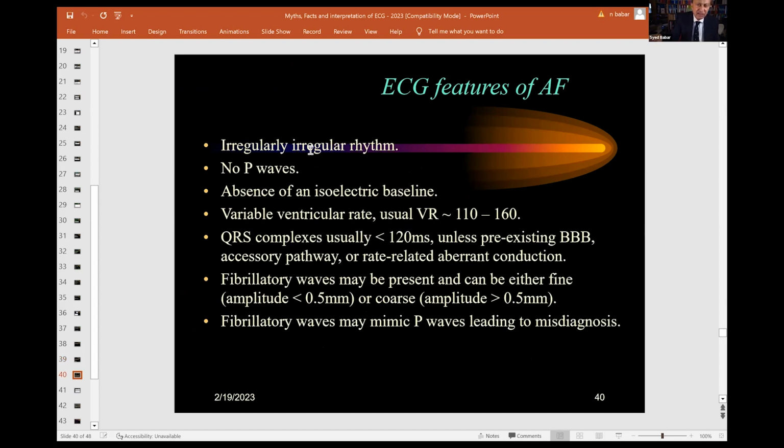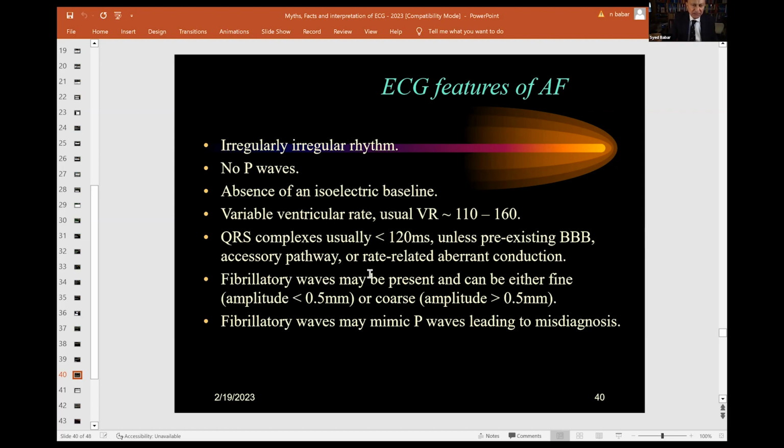Features: irregularly irregular rhythm, there is no P wave, absence of an isoelectric baseline, variable ventricular rate, usually around 110 to 160. QRS complexes are usually less than 3 small squares, unless there is pre-existing blockage, bundle branch block.